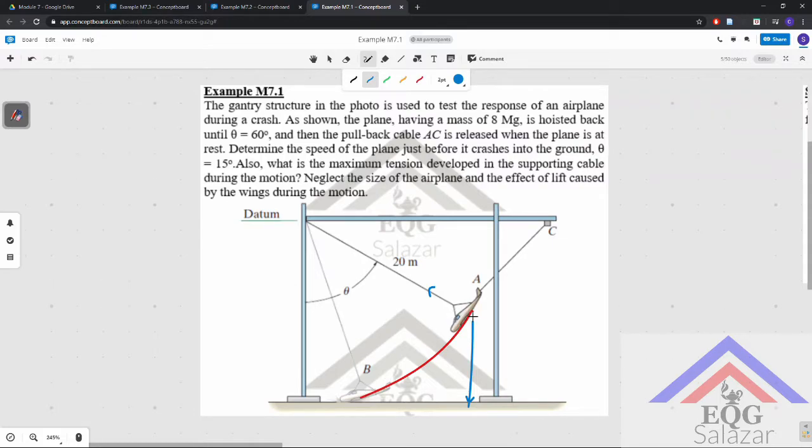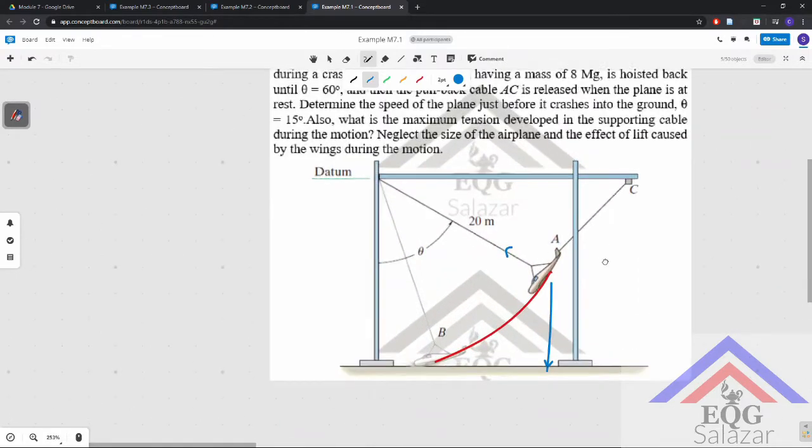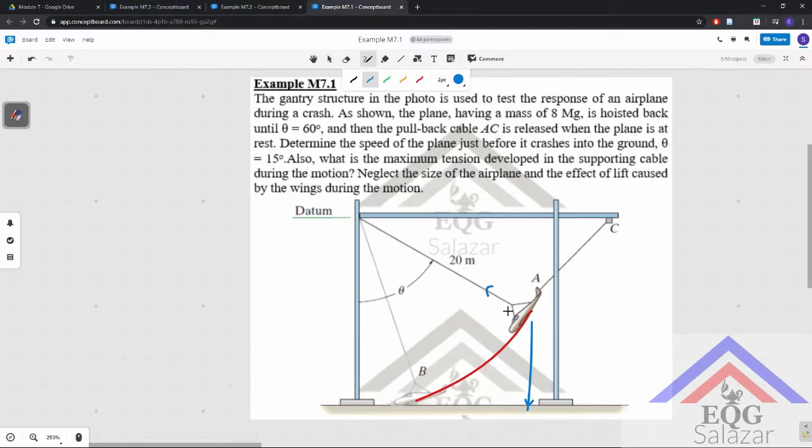So the only force that is doing work on the plane is the weight of the plane.